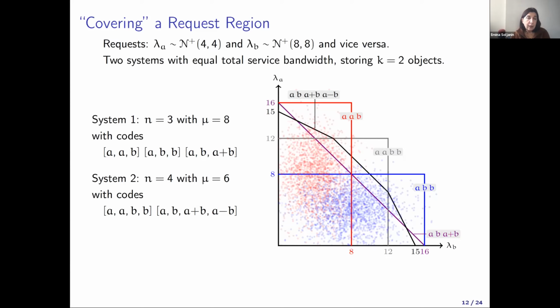And what I've assumed here is that two systems, one has only 3 servers and their capacity or bandwidth is 8. And the other has 4 servers and each has capacity 6. And therefore, they have identical cumulative service of 24.